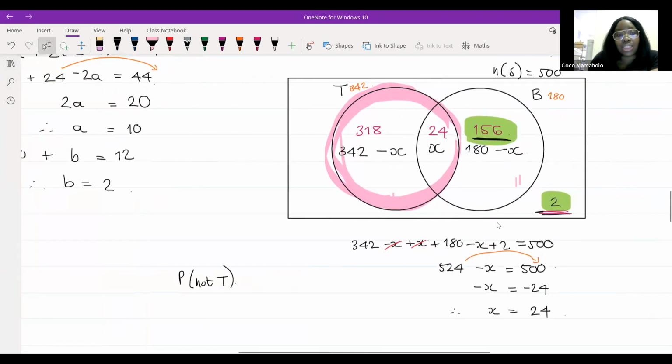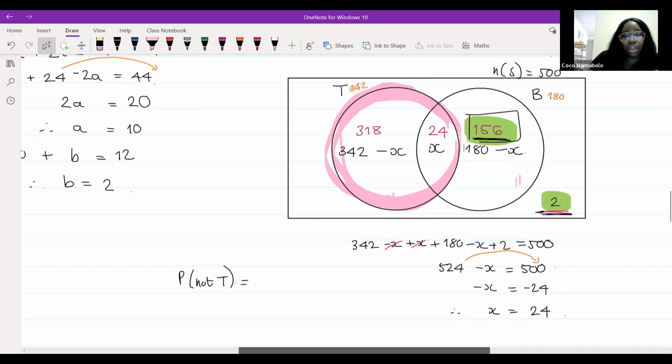They're both not in T. Both of them are not part of T, so we need to consider them both. The union with B would still be included anyway, because it's already not part of T. So we must take both of them, because 2 is not part of T either. Okay. All right, good question.